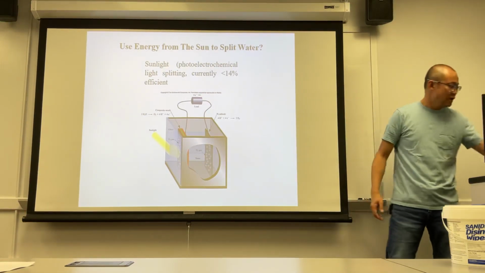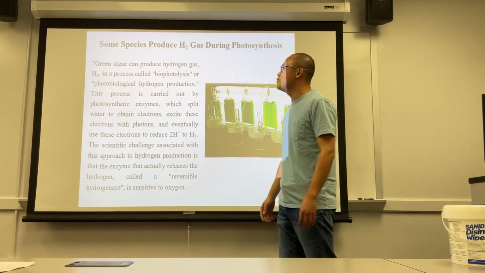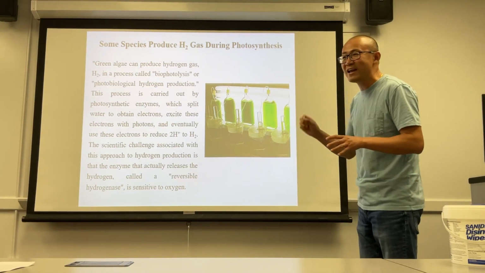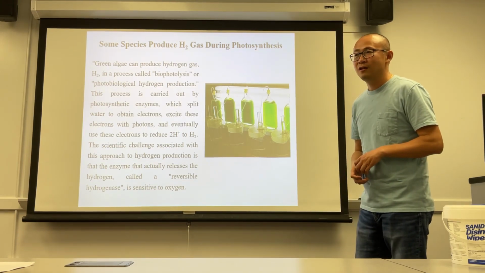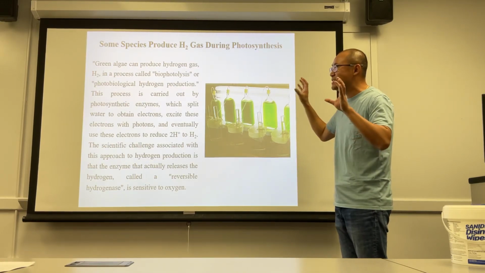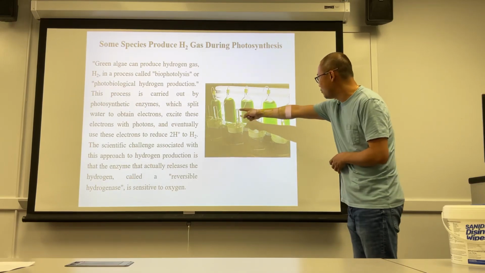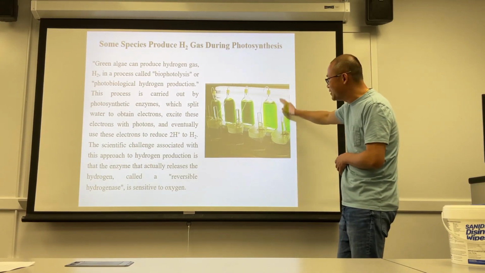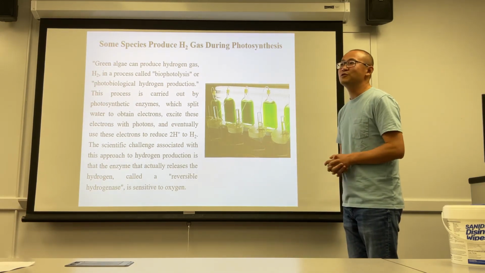Another direction is shown here. You can read more. Some biochemists use green algae. This green algae has an enzyme that can split water into hydrogen and oxygen. Of course, for the enzyme to work, the algae need to be exposed to sunlight. You still need energy from the sun. That's why the green algae bottles are exposed to those light bulbs, because they need light energy to split water.